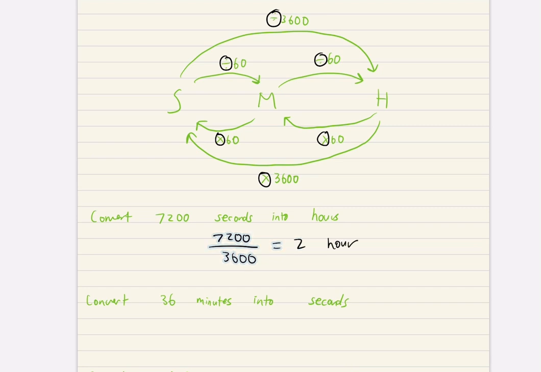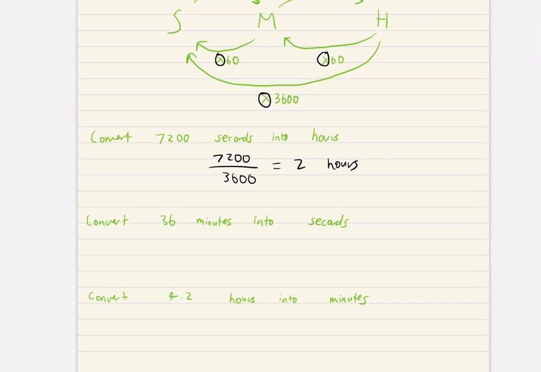Nice, simple, round number. Sometimes you might get 2 point something hours with a decimal. That would mean you've got 2 full hours and part of another hour, but not a full hour, because otherwise it would be up to 3 hours. Then you can work out how many minutes or seconds that decimal is equivalent to by using the degrees-minutes-seconds button on your calculator.